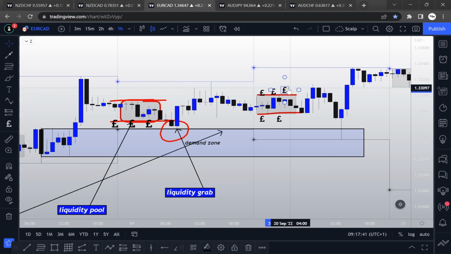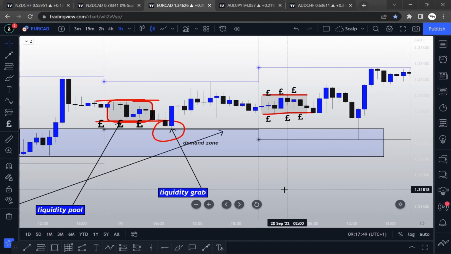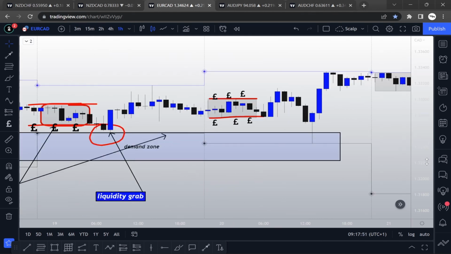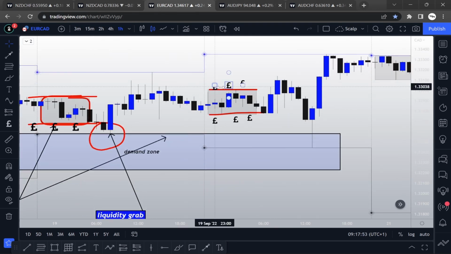Okay. So these pound signs are a symbol for you to understand symbolically that there are people placing their stop losses on top of each level over here, below and above the Asia section.